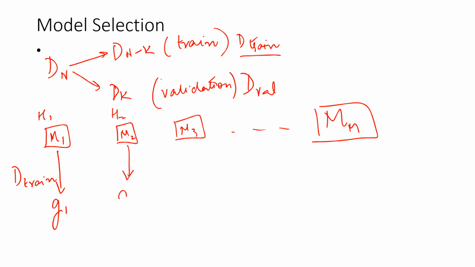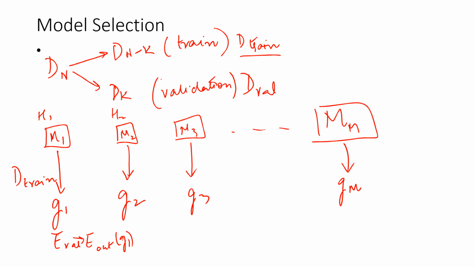Let's say I get G1 here, G2 here, and G3, and G_M. Based on these outcomes, I will eventually get E_val, which will be the estimate for E_out. So I'll have E_out of G1, E_out of G2, G3, and so on.